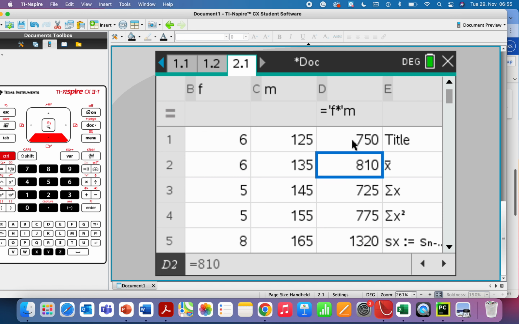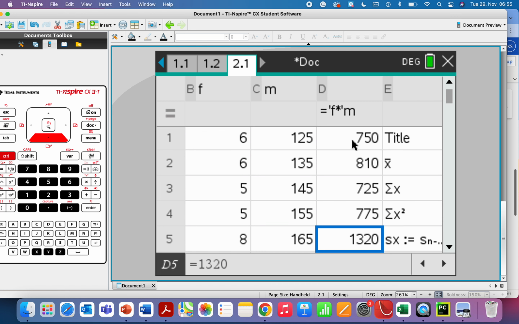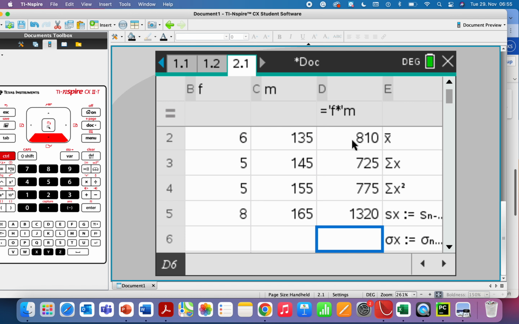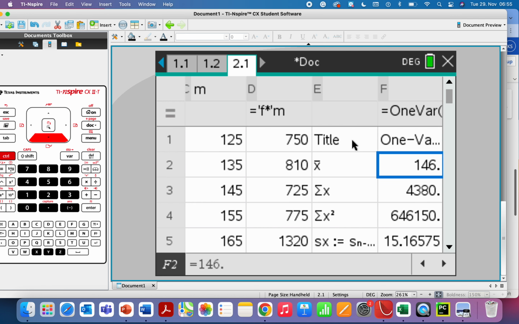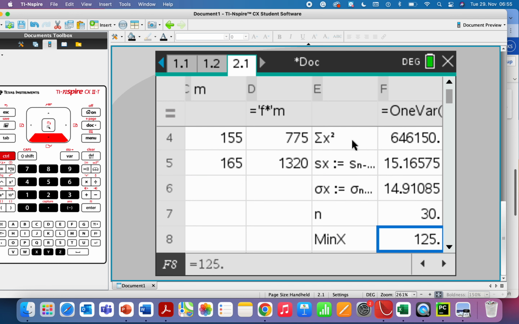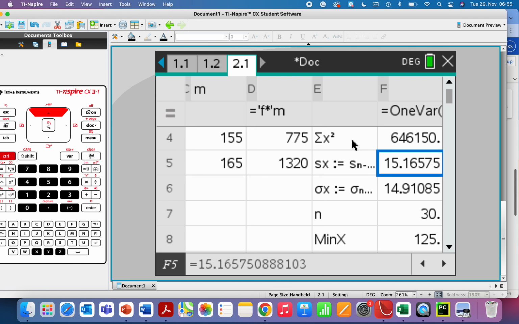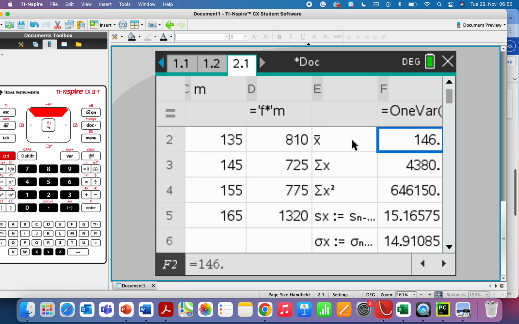So you might do this on paper, and you would get all these answers. Then if you added all these answers, 1320 plus 775 plus 725 plus 8110 plus 750, you would indeed get 4,380. And if you did 4,380 divided by 30, you would get the mean, which is 146. So there's the mean right there.